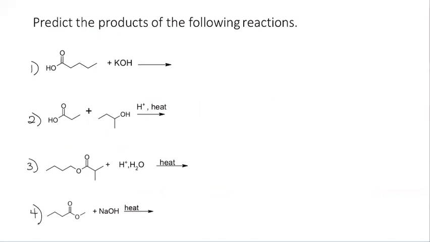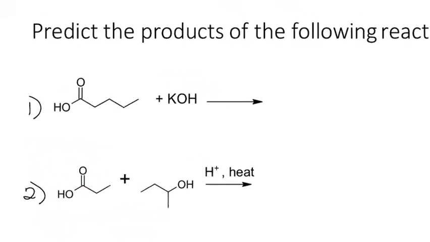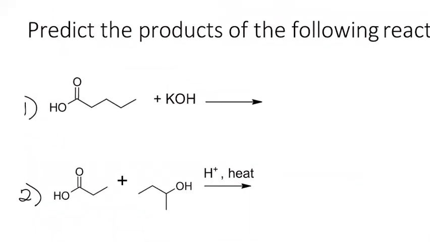So far, when it comes to carboxylic acid, we've seen a number of things that carboxylic acids can do. That's what we see in reaction 1 and 2. Reaction 3 and 4 is where we explore what happens with functional groups that are derived from carboxylic acids when they undergo hydrolysis.